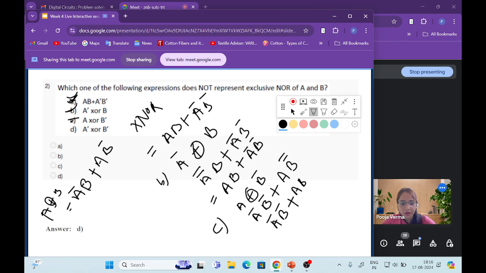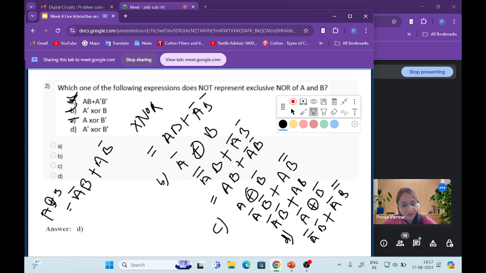Now option D. Option D is A dash XOR B dash, right? Now expand this: A dash means A double dash B dash, plus A dash and B double dash.